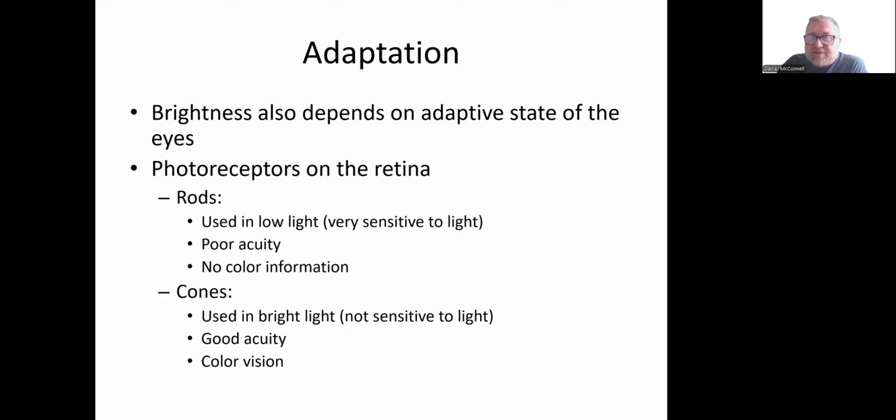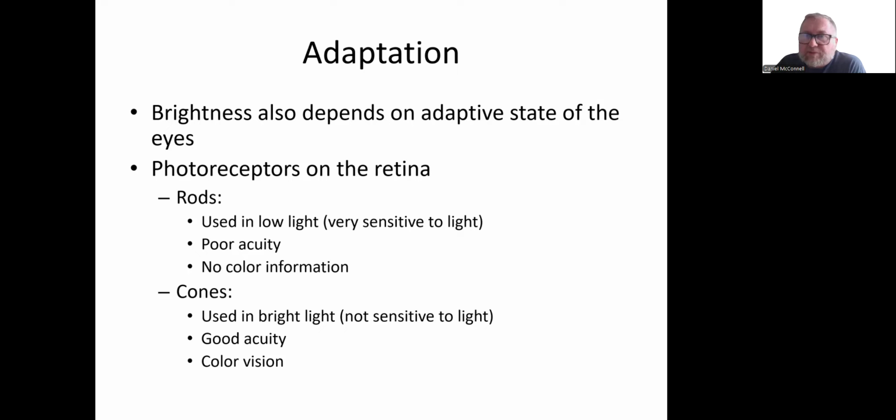When you turn the lights off, suddenly there's not enough light to stimulate the cones, so the cones are shutting off once we get into the dark. And then the gradual improvement in vision after 20 minutes is primarily a function of our rods managing to turn themselves back on in about 20 minutes' time.